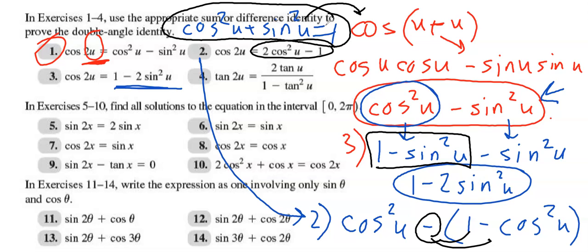That's 1 minus sine squared u. So all I'm doing is algebraically subtracting that term to the other side and then substituting there. And then I had 2 like terms that could be added together to give me the minus 2 sine squared.